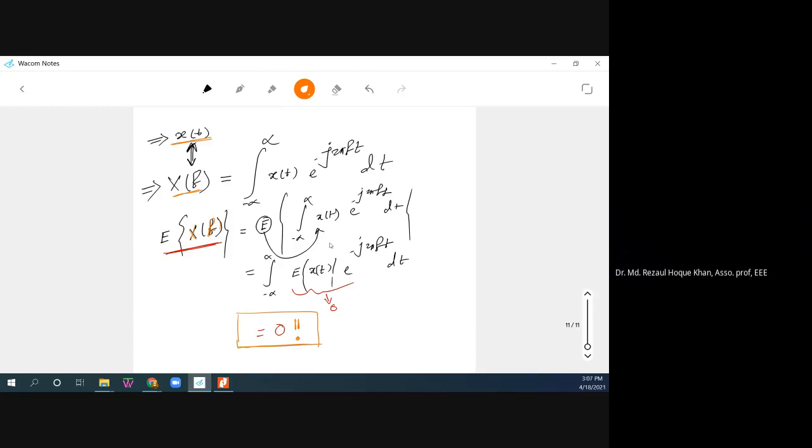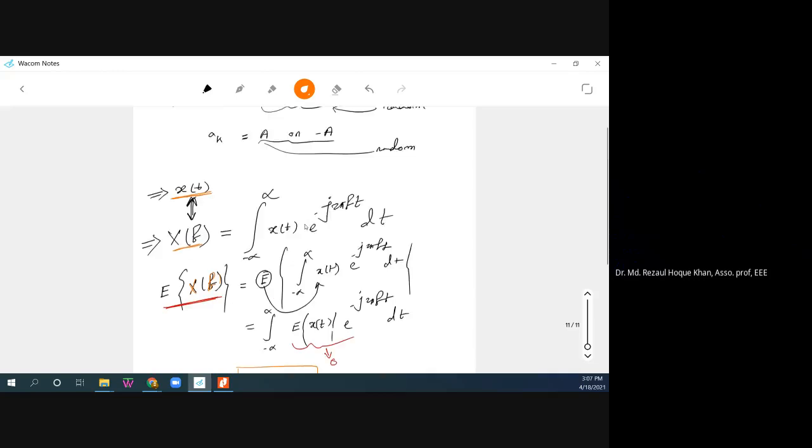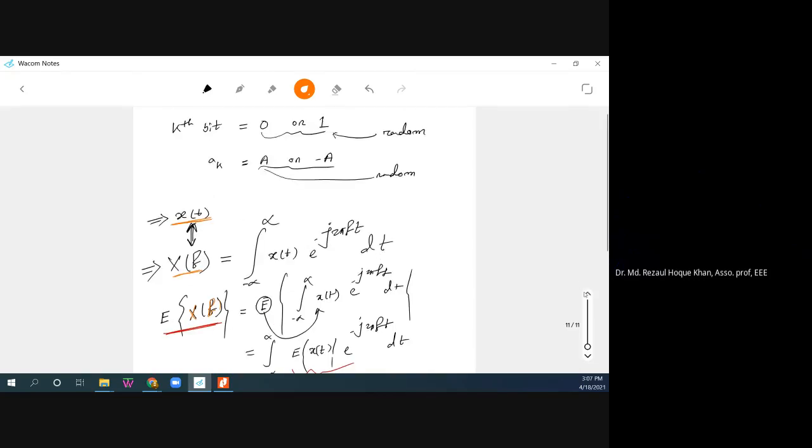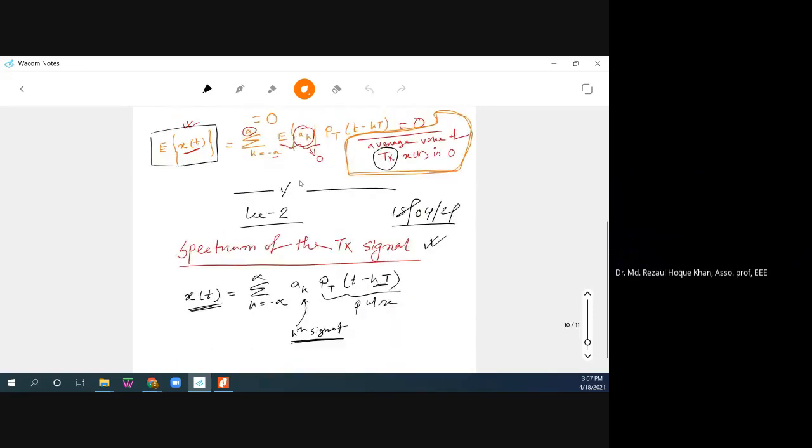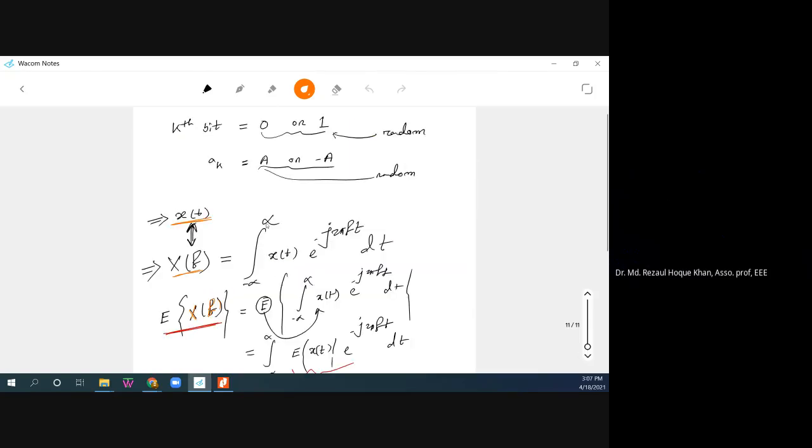This is a random signal x(t), right? We have seen that x(t) has this expression with a_k. Because of the randomness of this bit, this whole signal becomes a random signal, and we cannot apply a Fourier transform to a random signal.